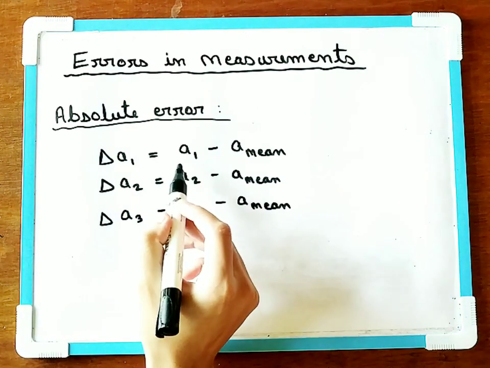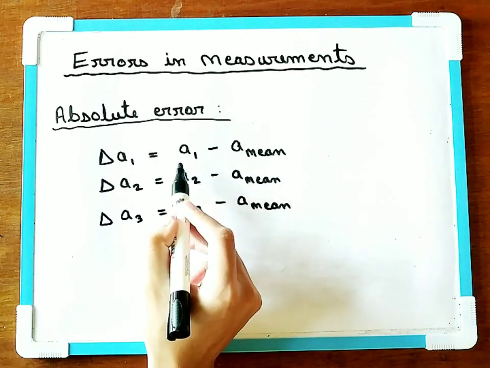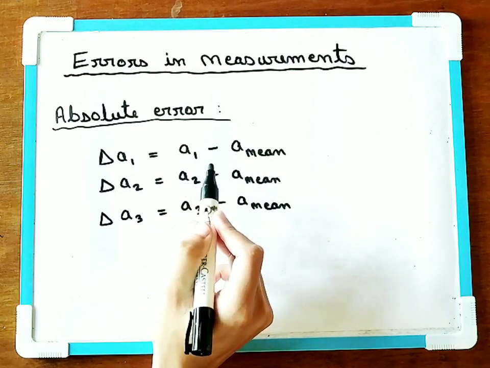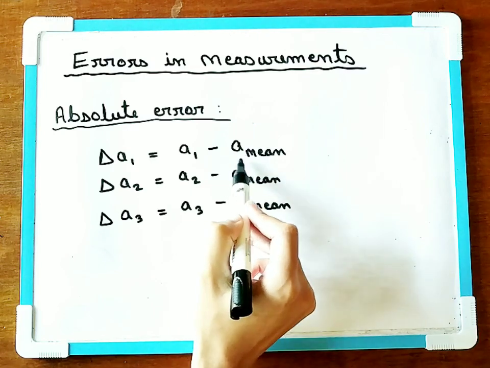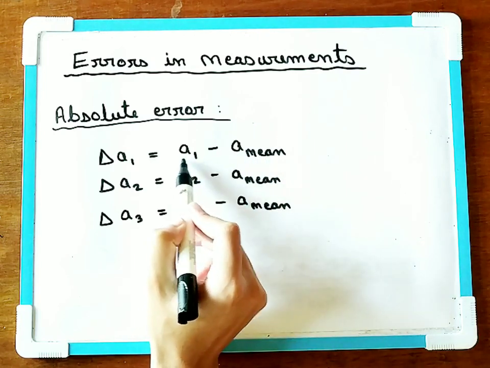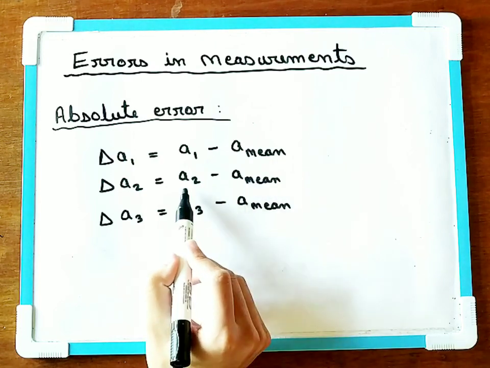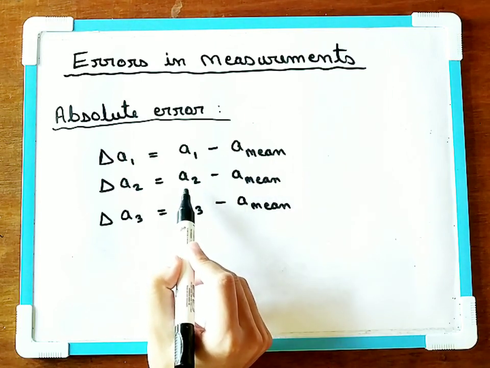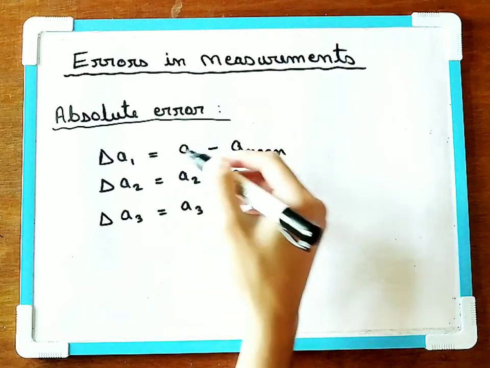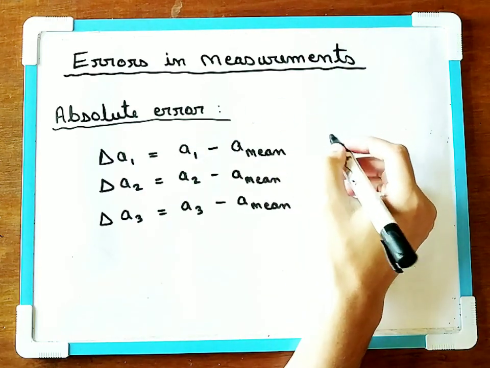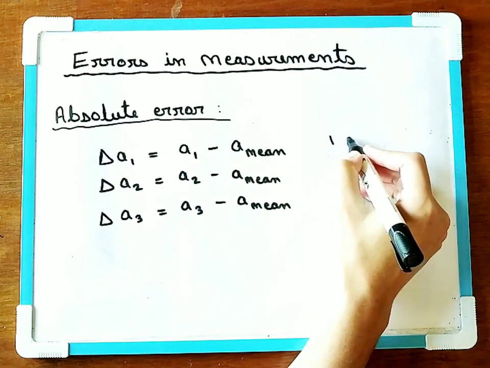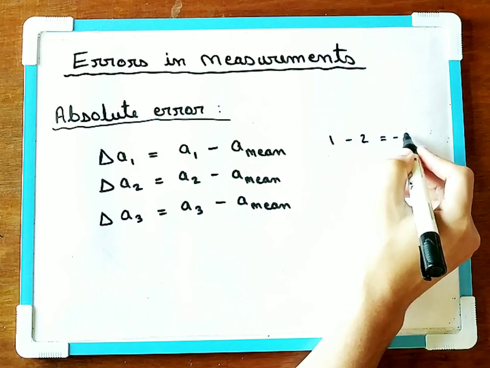Now this difference can be negative or it can be positive. It will be negative if the true value is larger than the measured value, and if the true value is smaller than the measured value, then it will be positive. For example, suppose you get 1 here and the true value is 2, so what you get is minus 1.